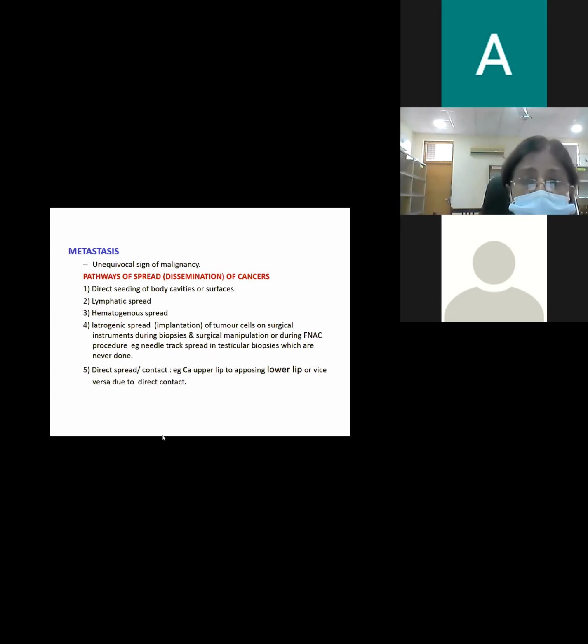Iatrogenic means implantation of tumor cells on surgical instruments during biopsies and surgical manipulation or during fine needle aspiration procedures.